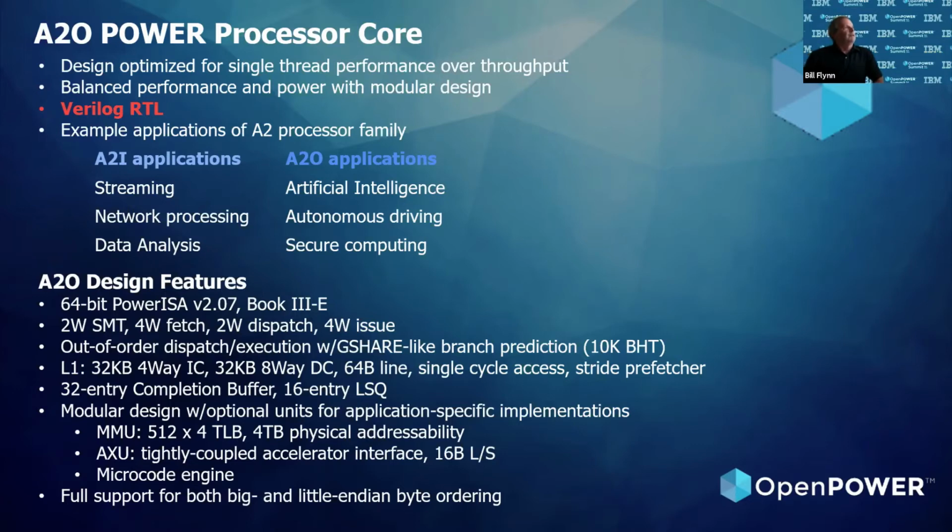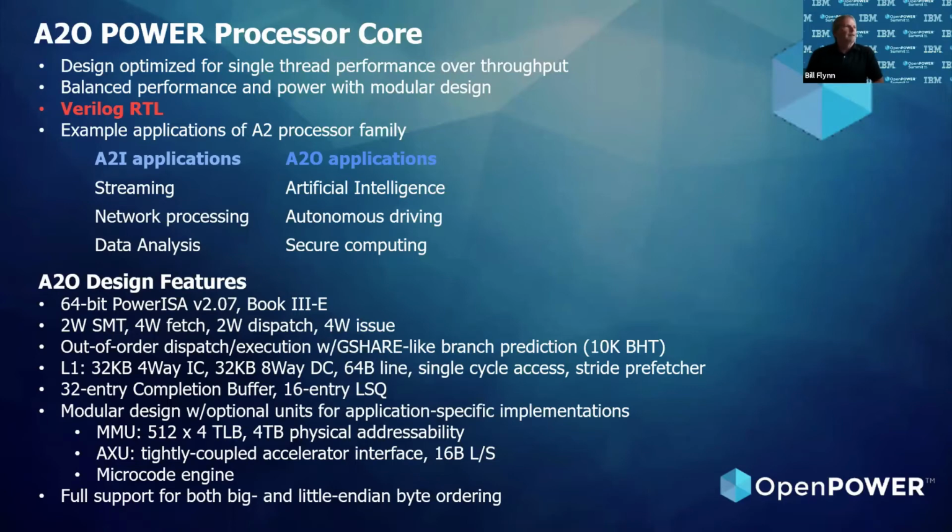This shows some of the differences of applications you would expect: for A2I, streaming and network processing, versus more intense single thread things like AI and autonomous driving. So A2O design features: another difference is that it was ISA 2.07 versus 2.06.